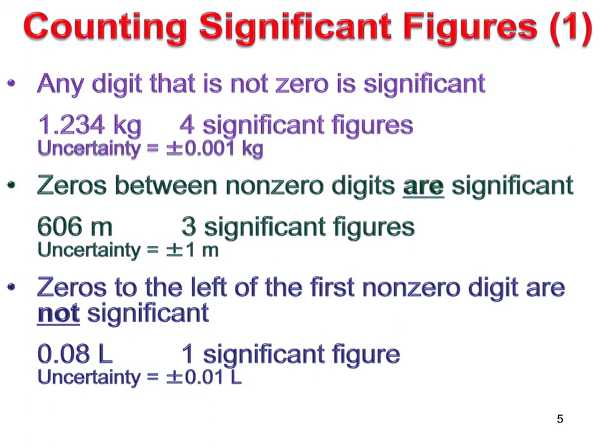Zeros to the left of the first non-zero digit are not significant. These are used for us to have place value. In this example, 0.08 liters only has one significant figure. The 0 before the decimal and the 0 after the decimal are not considered significant, as they are just placeholders.